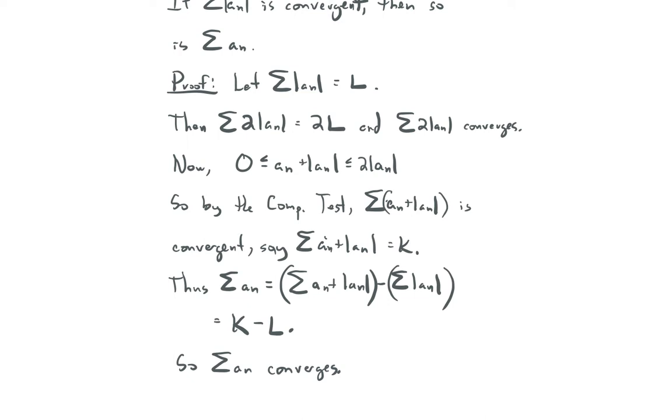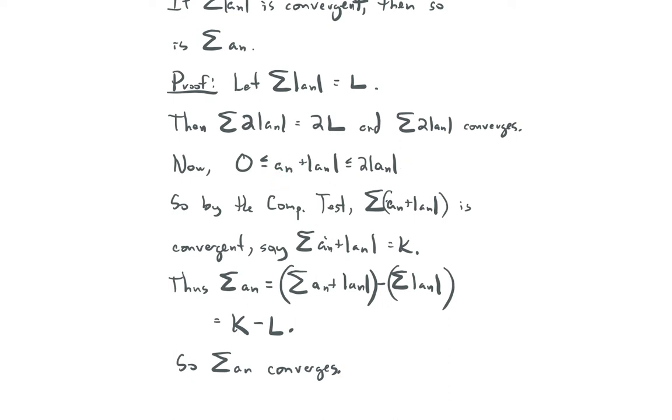The other thing to note is that if we look at a_n plus the absolute value of a_n, that's always between 0 and 2 times the absolute value of a_n. And in fact, not only is it between these, it's either equal to 0 or equal to 2 times the absolute value of a_n, depending on if a_n is negative or positive.